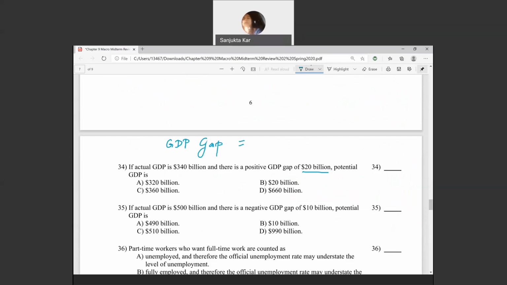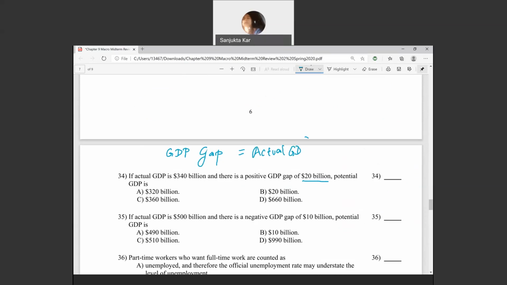The GDP gap is equal to actual GDP minus the potential gross domestic product. The GDP gap is a positive number here, which is 20. I'm just going to write here positive 20 billion dollars.